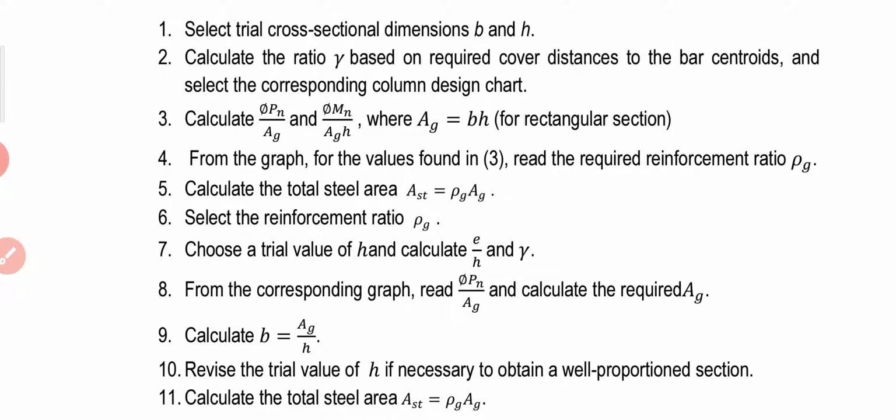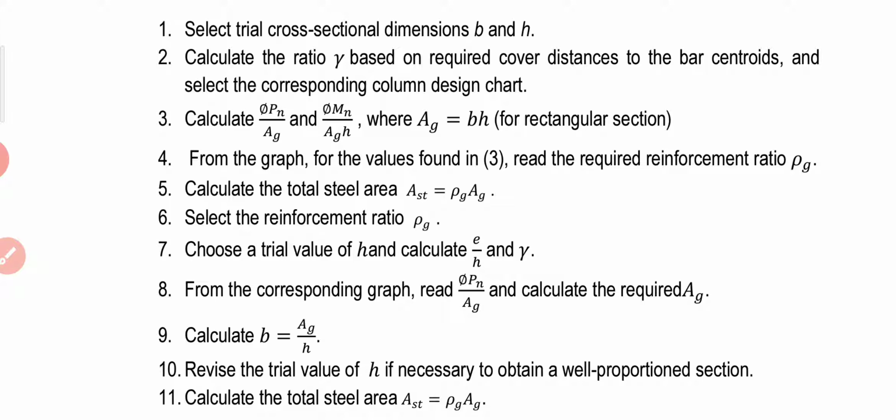Next, from the graph, for the values found, read the required reinforcement ratio, rho g, which is denoted by the percentage of steel. Next, calculate the total steel area Ast, which is rho g into Ag.